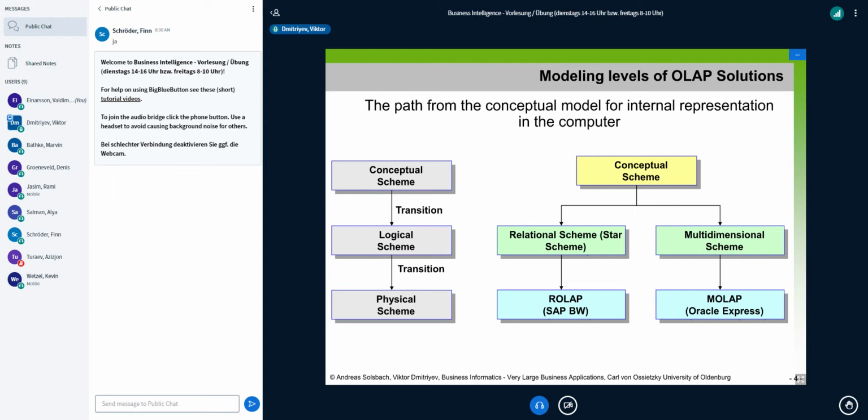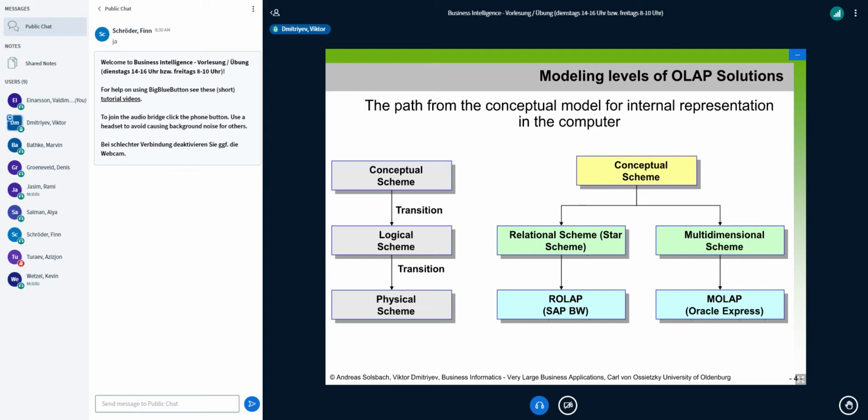So first of all, we have a conceptual scheme, then we have a logical scheme, then we have a physical scheme. I don't think that you should remember it, but still I have to repeat it. I already spoke a little bit about the physical scheme last time, while speaking about the tables and performance.